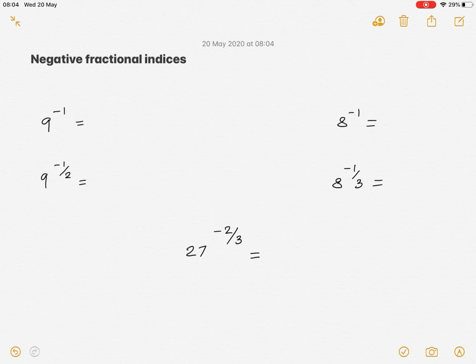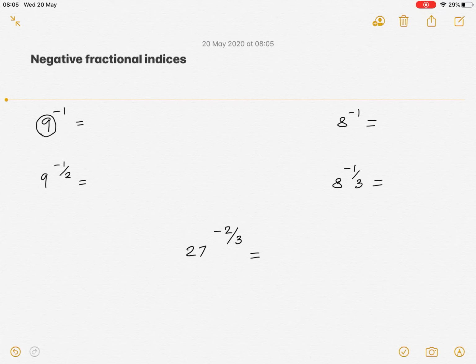In this video, I'm going to be talking about negative powers or negative indices. Now I'm going to start off by looking at a basic example of a negative power: 9 to the power of minus 1. So whenever you have a negative power, you need to reciprocal the 9.